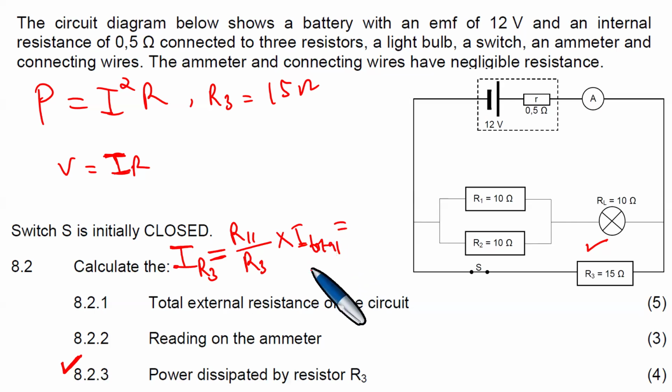This is easier because you just want to find the current through R3. There are many ways to do it, but this is surely one way to do this.